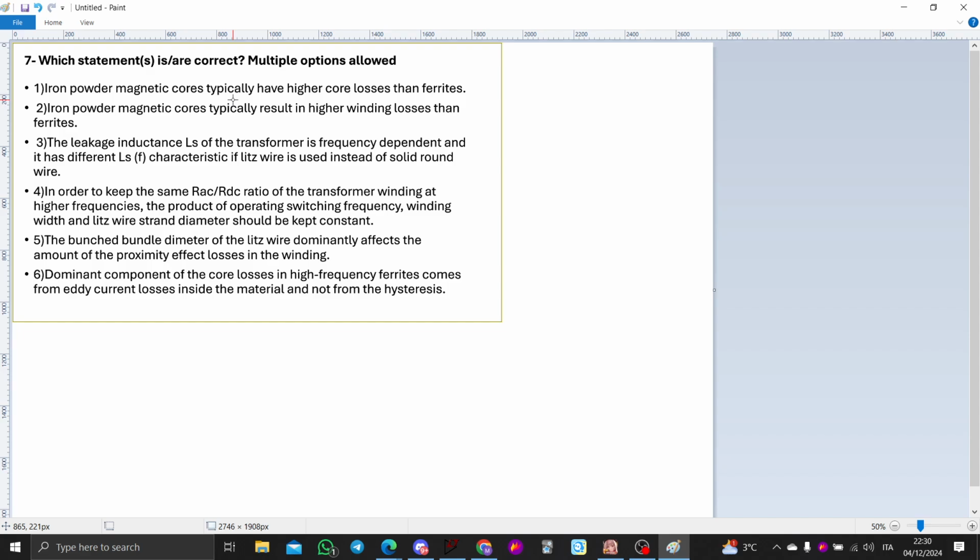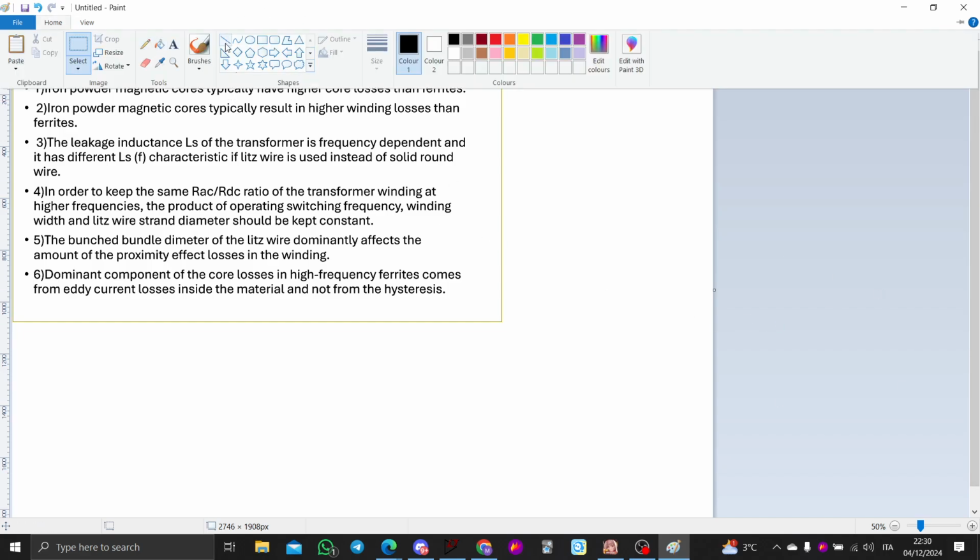So let's start with the first question. The iron powder cores have higher core losses than ferrites. Here you have to know the formulas, and they are very basic.